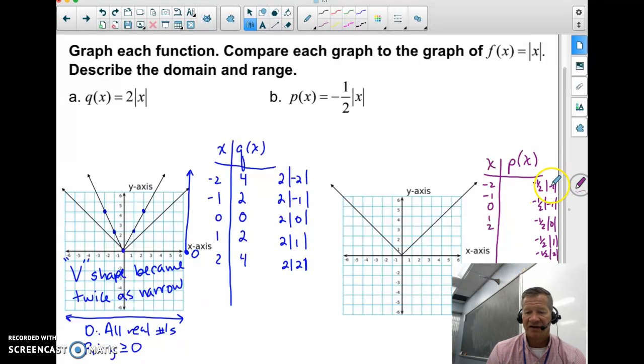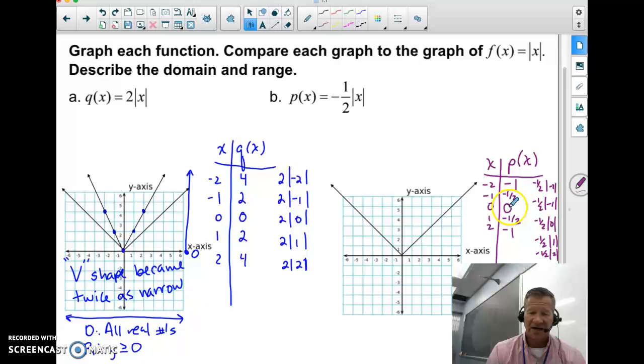So the absolute value of -2 is 2. Now 2 times a -1/2 is a -1. Absolute value of -1 is 1 times a -1/2, that's a -1/2. Absolute value of 0 is 0, so 0 times -1/2 is still 0. Absolute value of 1 is 1 times -1/2 is -1/2. And the absolute value of 2 is 2, and -1/2 of 2 is a -1.